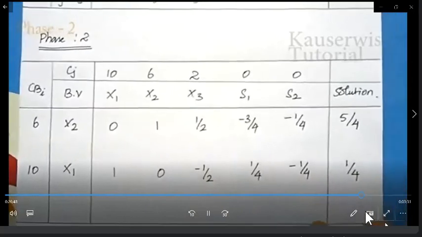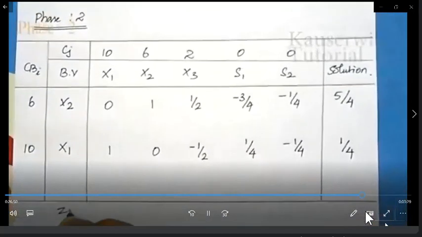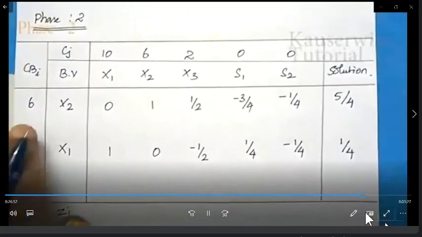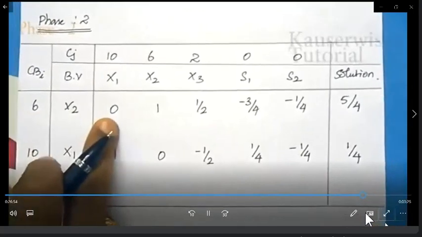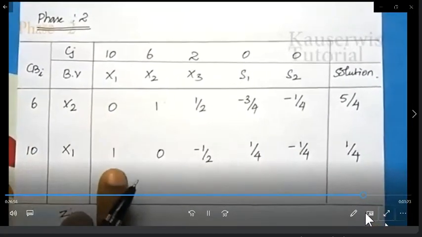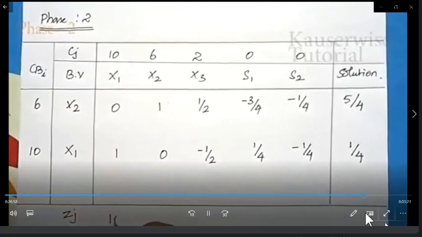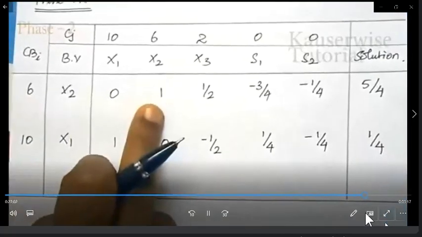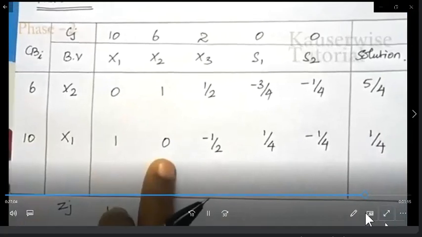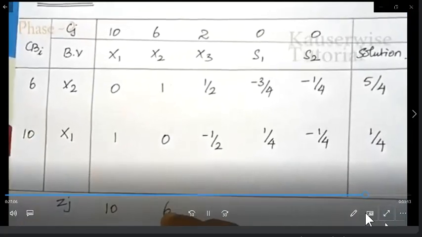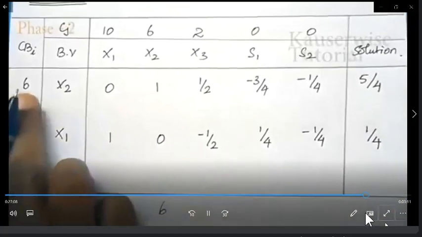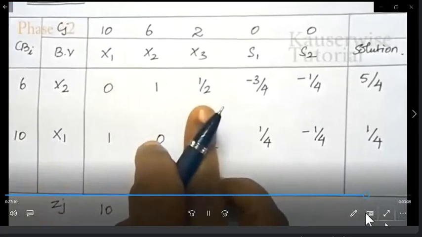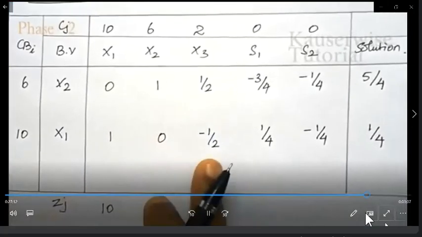Now we have to find the Zj values. For the first Zj value, 6 into 0, 0, plus 10 into 1, 10. The answer is 10. For x2, 6 into 1, 6, plus 10 into 0, 0. The answer is 6. Next one, 6 into 1/2 plus 10 into minus 1/2.